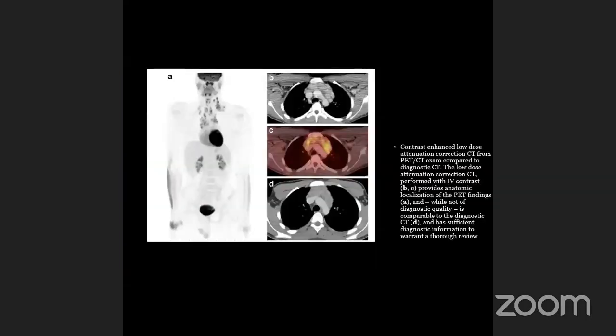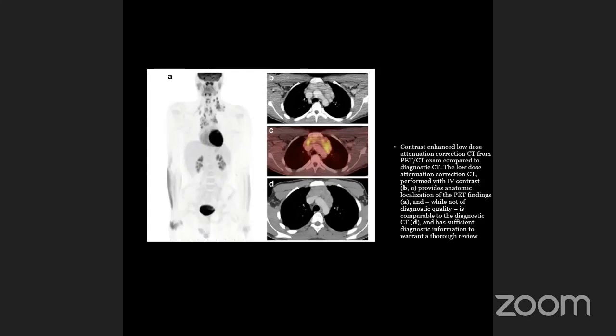Let's see this example. In this patient, as you can see, there is active hypermetabolic lymphadenopathy in the mediastinum. Everyone can see that this is mediastinal lymphadenopathy. And here you can see that there is activity in the fusion images.